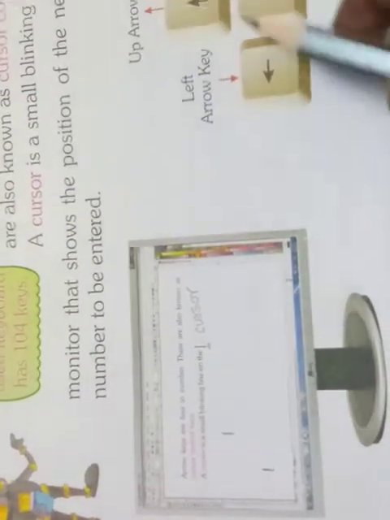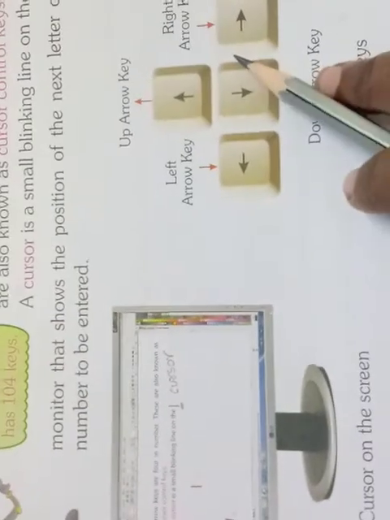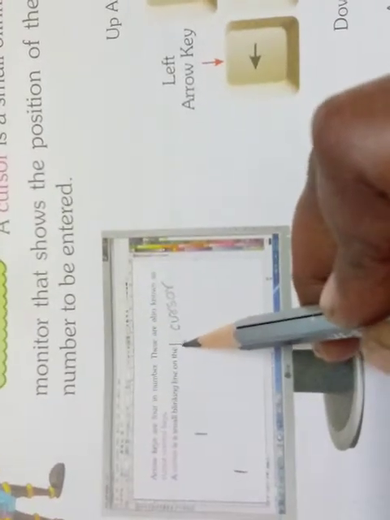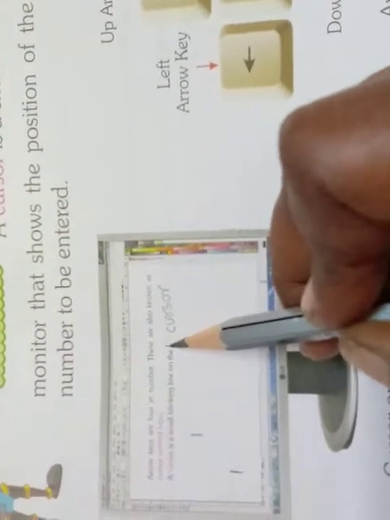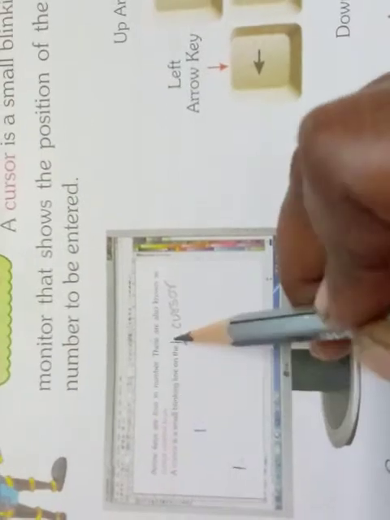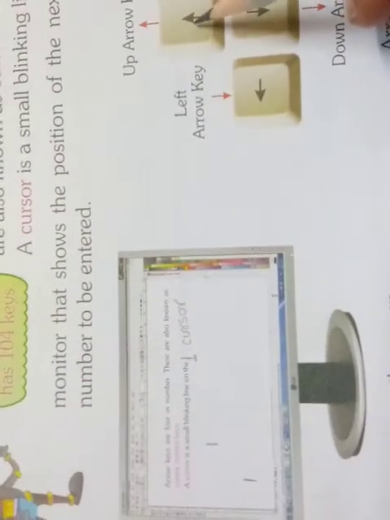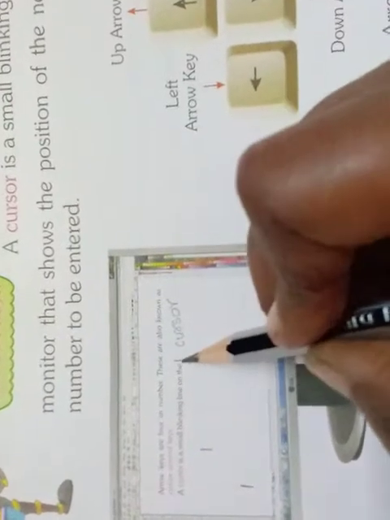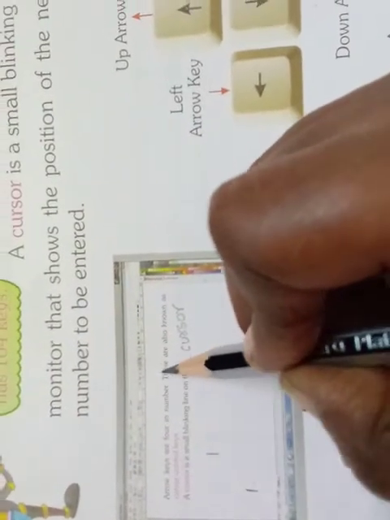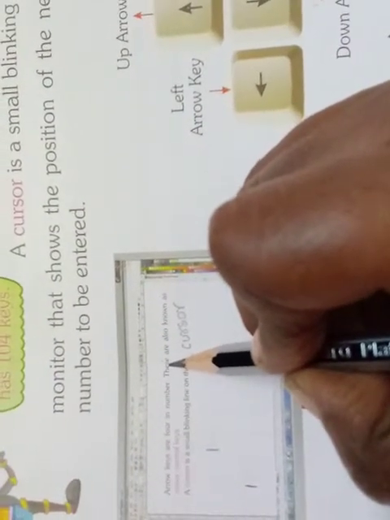So, what is the function of these arrow keys? By using these arrow keys, we can move the cursor to the up line, down line, left side, right side. Understand? For example, if you press the up arrow, the cursor will move up one line.